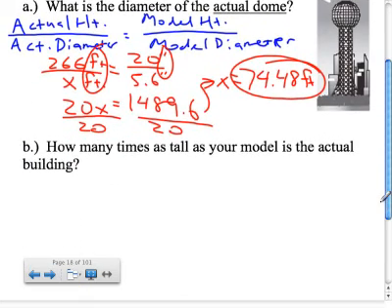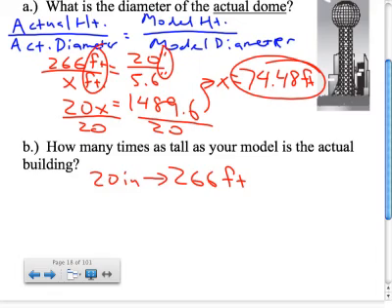Part B says how many times as tall as your model is the actual building. Your model is 20 inches and your actual is 266 feet.